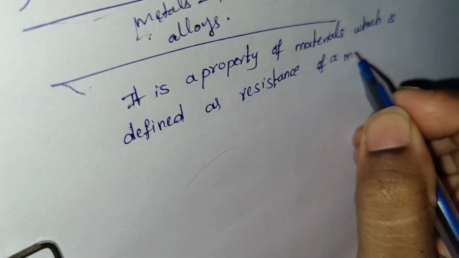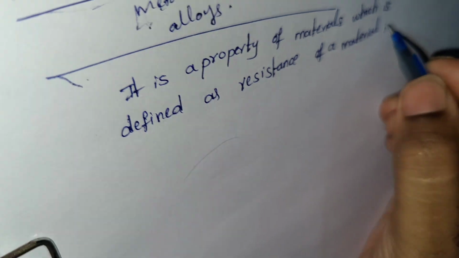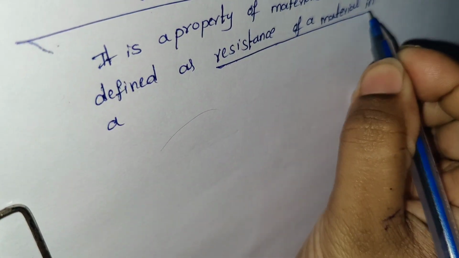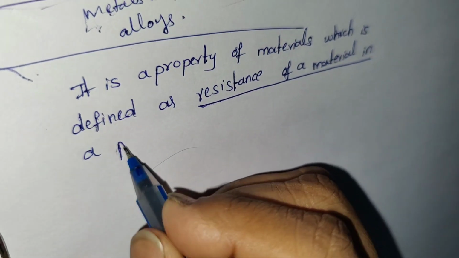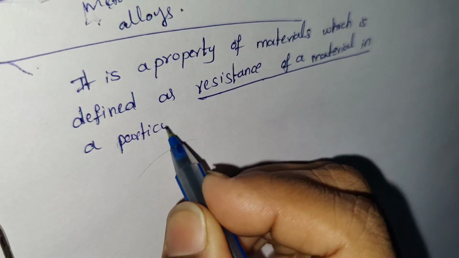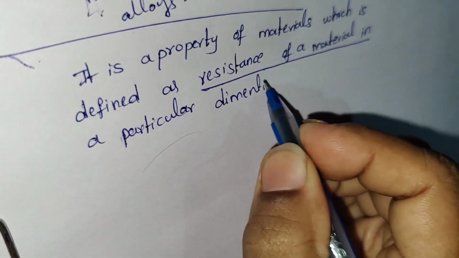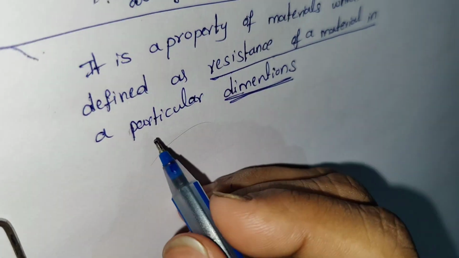It is nothing but a resistance of a material in particular dimensions. Okay, this is the resistivity. This is the definition of resistivity.